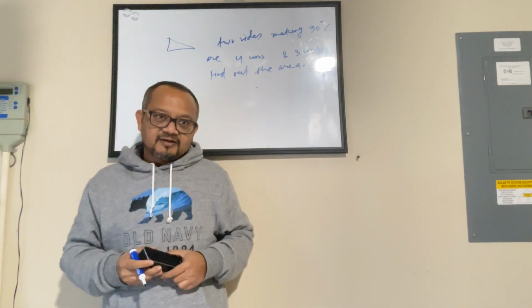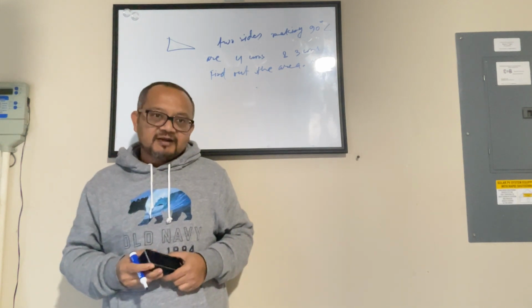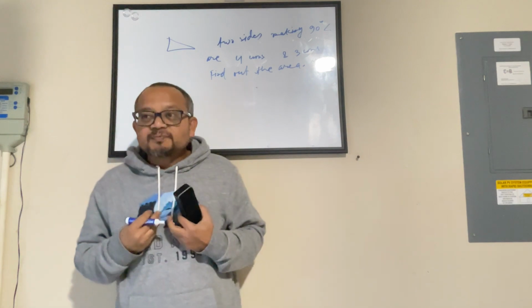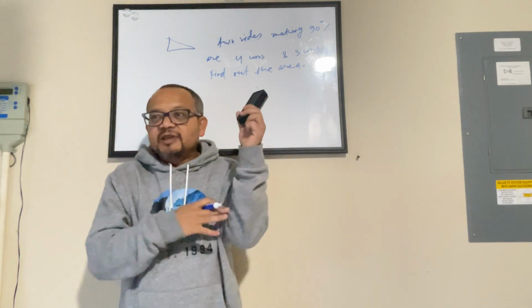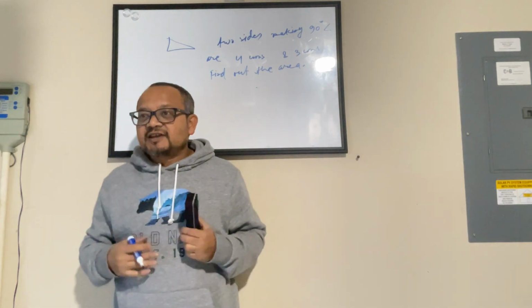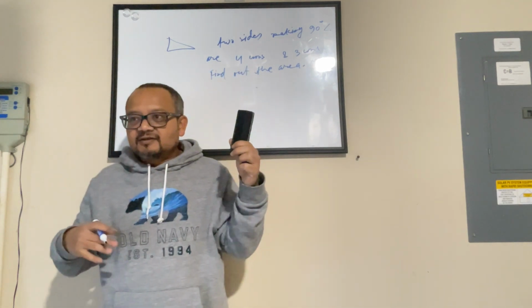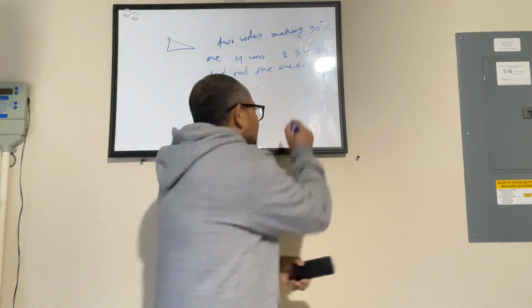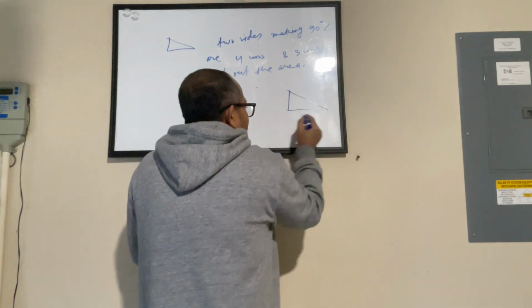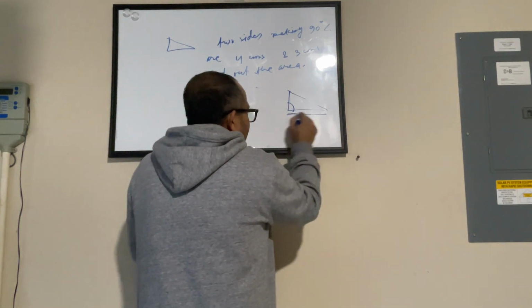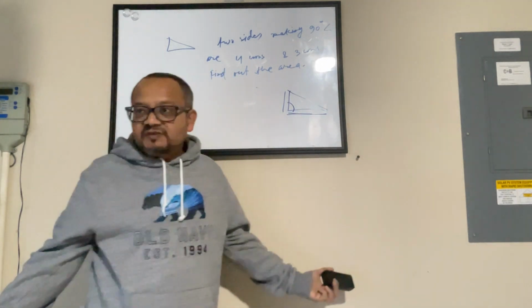See, I'm just playing with the words. I did not say the base is this and height is this. What did I say? The sides making 90 degree angle. I did not say which one is base, which one is height.